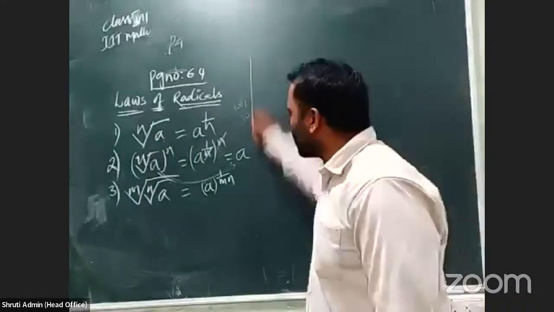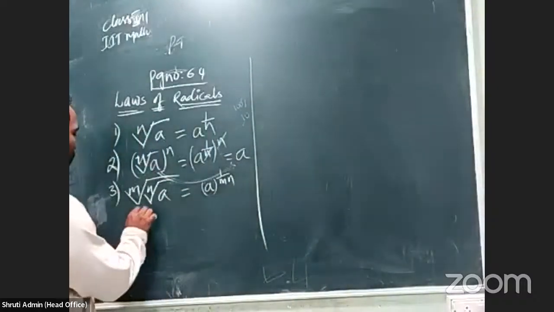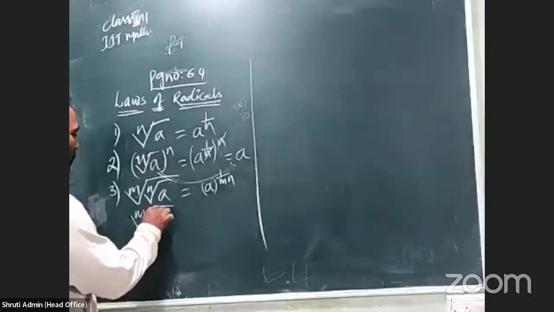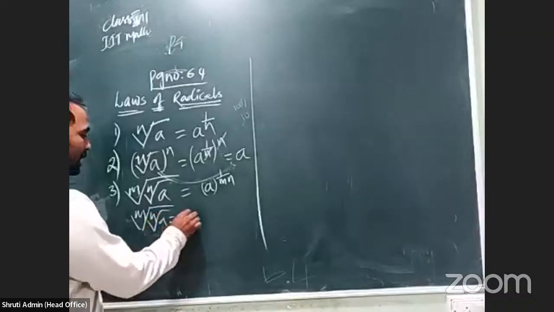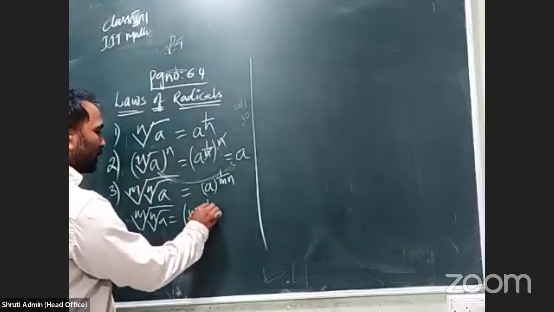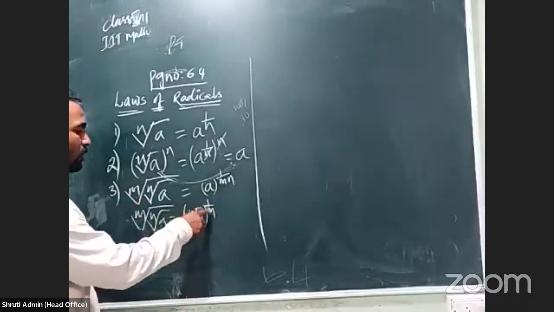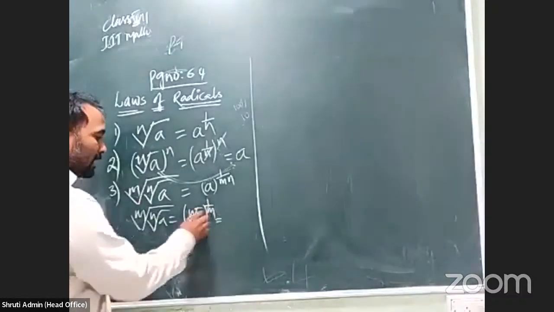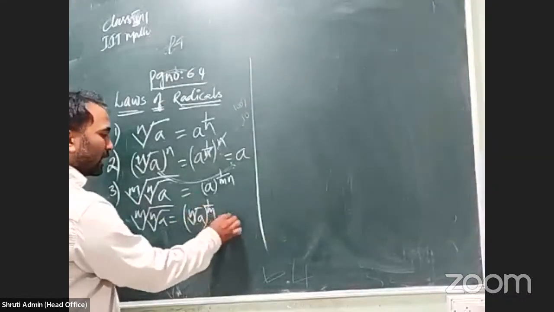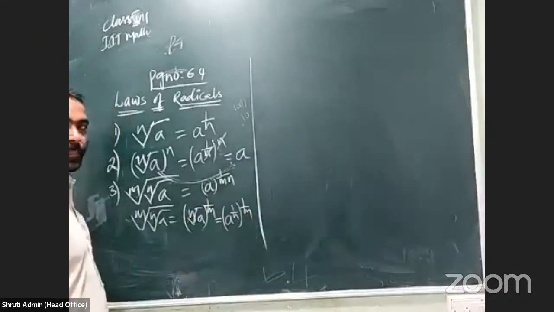But coming to the explanation part, what we actually write is: mth root of nth root of a means, as I am removing this mth root, it will become the whole power 1 by m. Now again, as I remove this nth root, a power 1 by n, whole to the power of 1 by m.